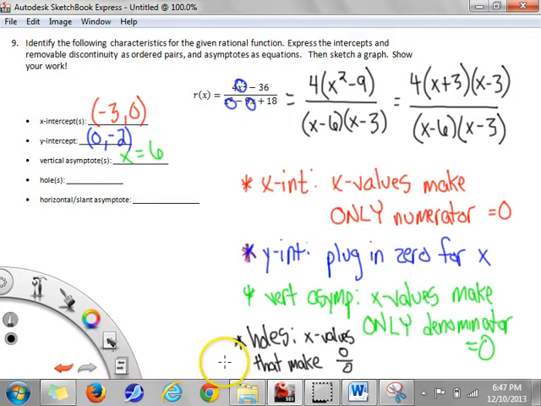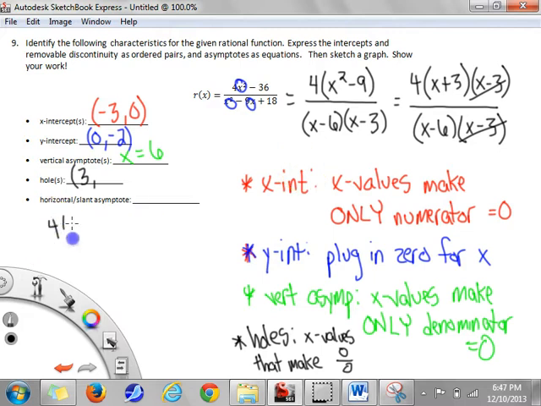So basically you have a matching factor on top and bottom. That's what causes that to happen. And a hole is an ordered pair, it's a point. So the x value would be 3. We get the y value by eliminating the matching factor and then plugging it into what's left.